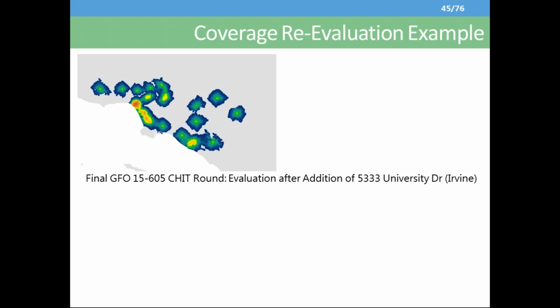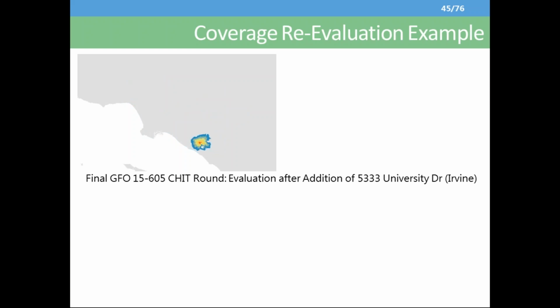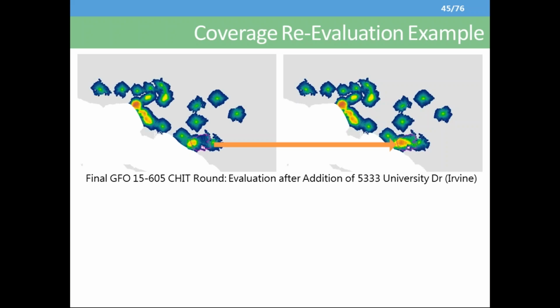So this is the evaluation of all the coverage for all the stations that existed before 15605 and every station awarded in 15605 up to that one. Next one. So this is the coverage provided. That bright red is essentially 1 minute away from that station out to blue, which is 15 minutes away from that station. So next slide.